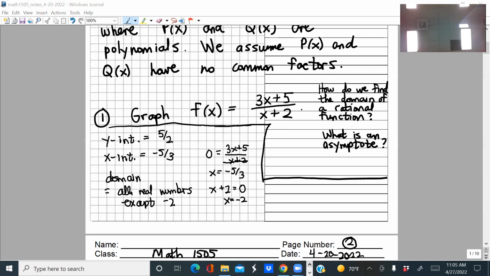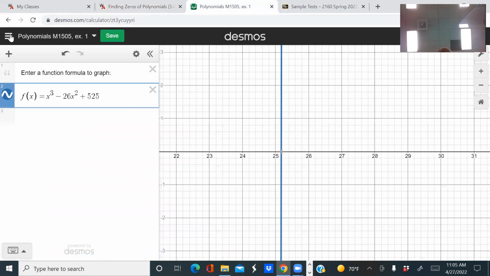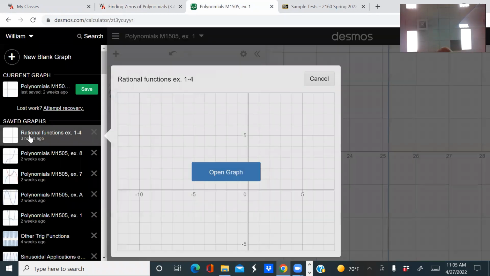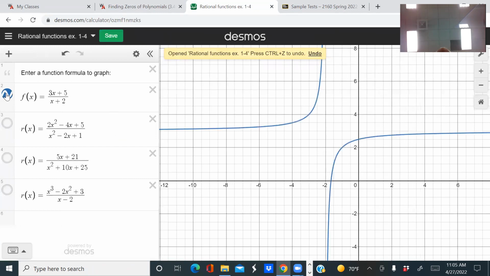So there's going to be a break in the graph right there at x equals -2. Let me see if I can find this graph. So I have that one graphed here, and there it is. There's the graph.